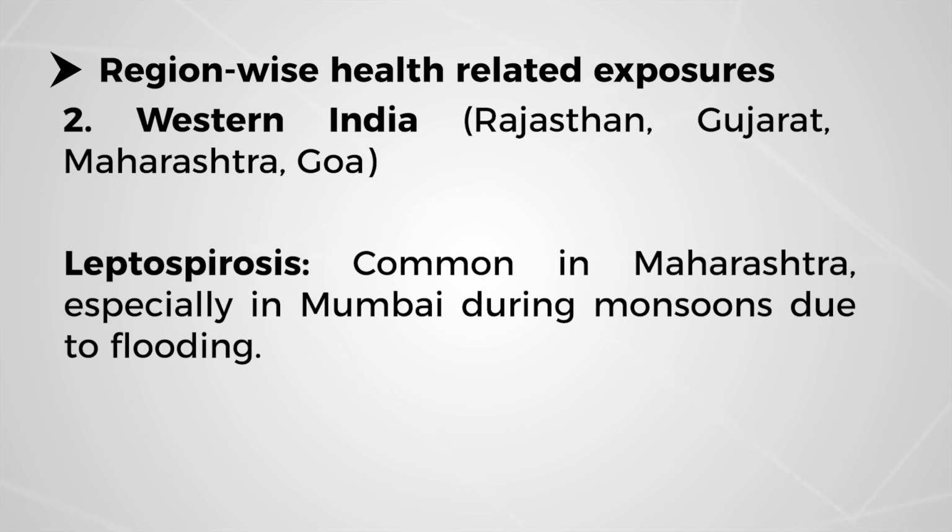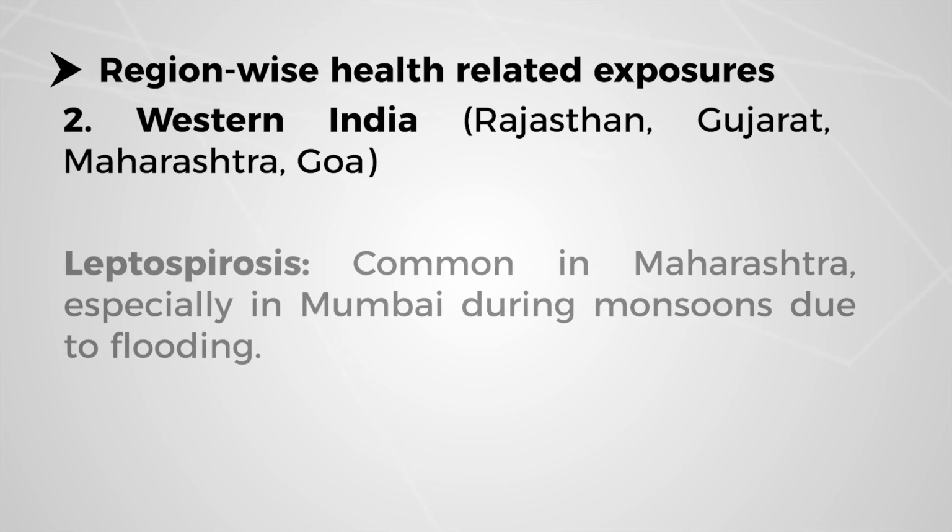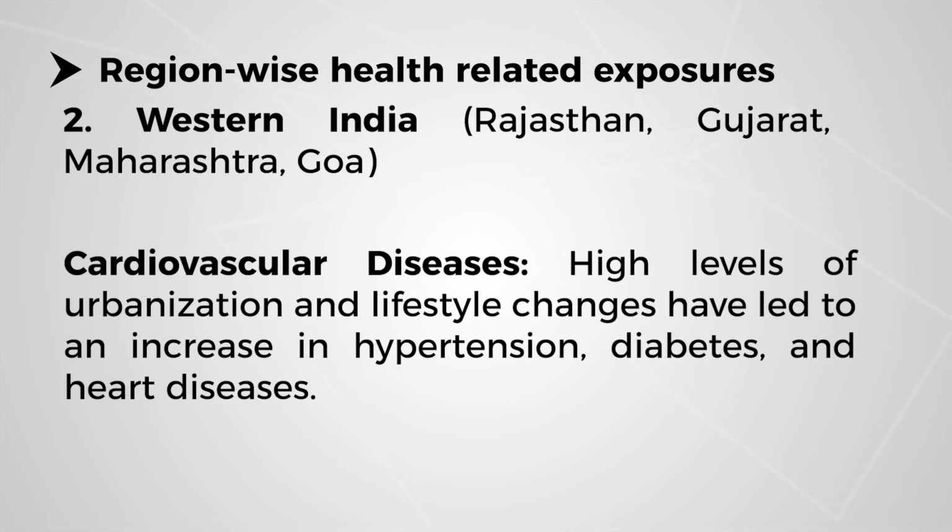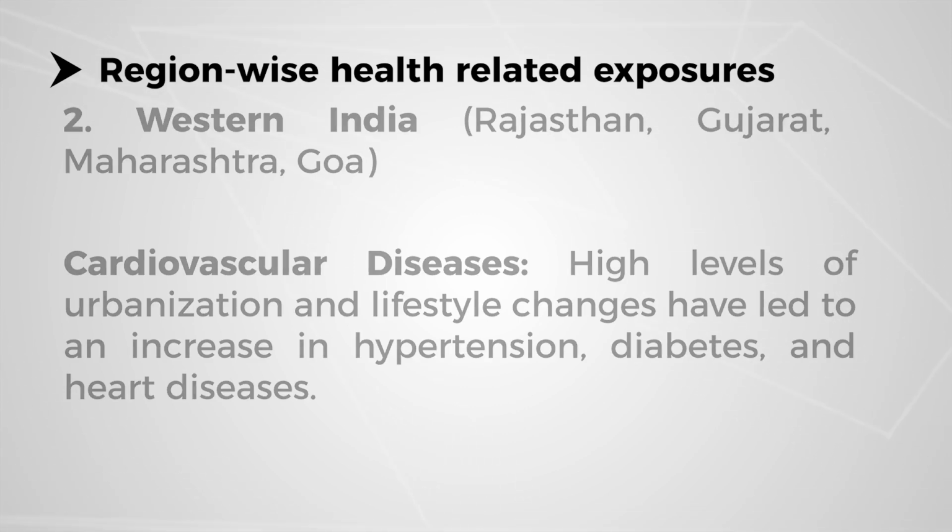Then leptospirosis is common in Maharashtra, especially in Mumbai during monsoons due to flooding. And we have cardiovascular disease: high levels of urbanization and lifestyle changes have led to an increase in hypertension, diabetes and heart disease.